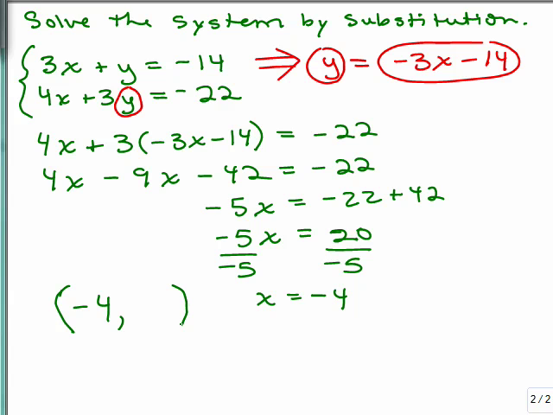Okay, so we now know the x value. Go back to the original substitution right up here where it says y equals -3x minus 14, and now plug in the value you got for x, which is -4, which is going to be 12 minus 14. This works better on a big piece of paper as opposed to a small section like I'm doing online here.